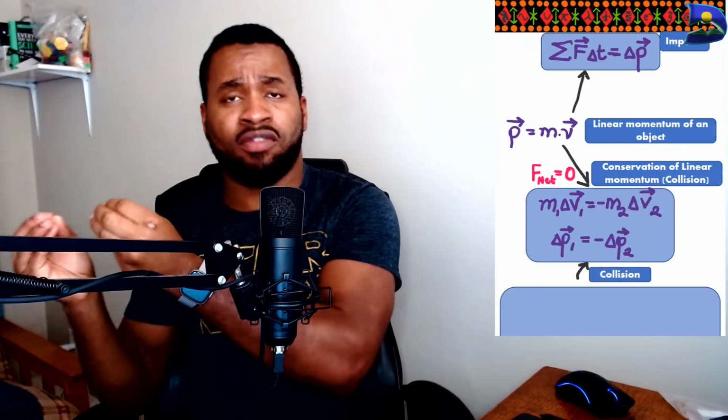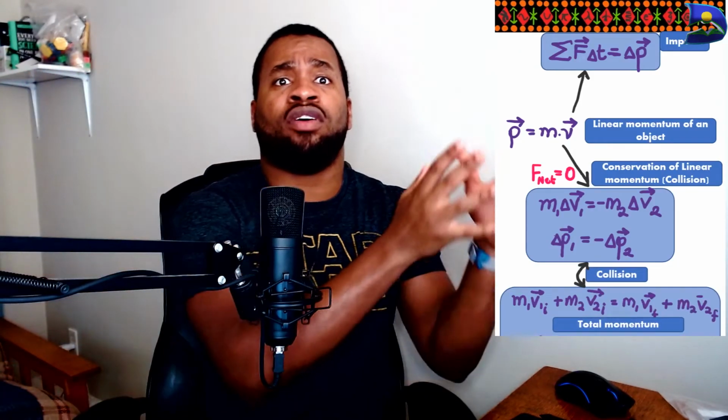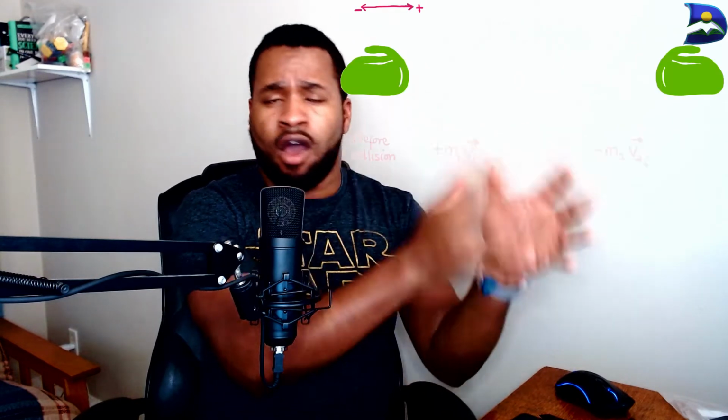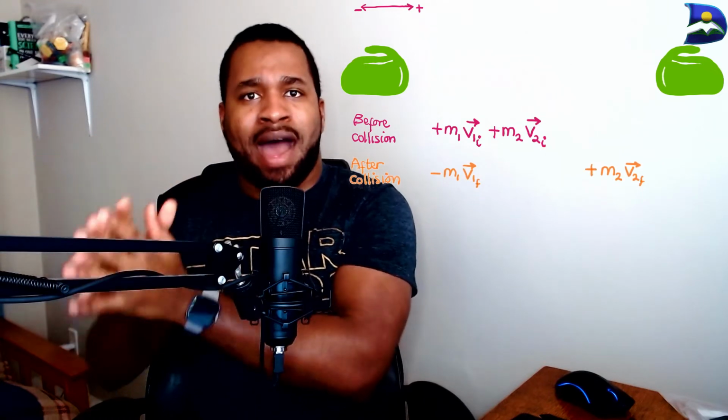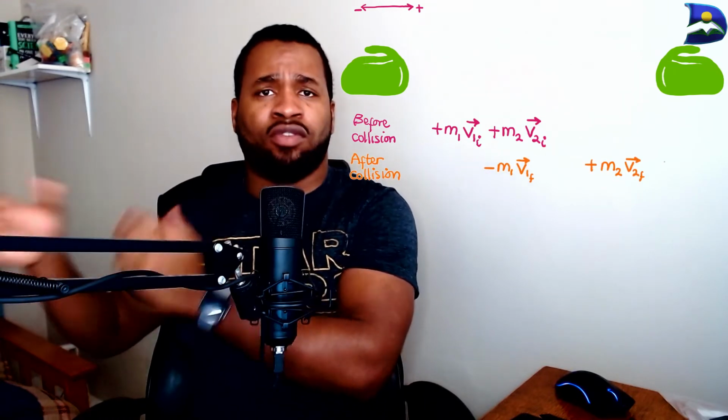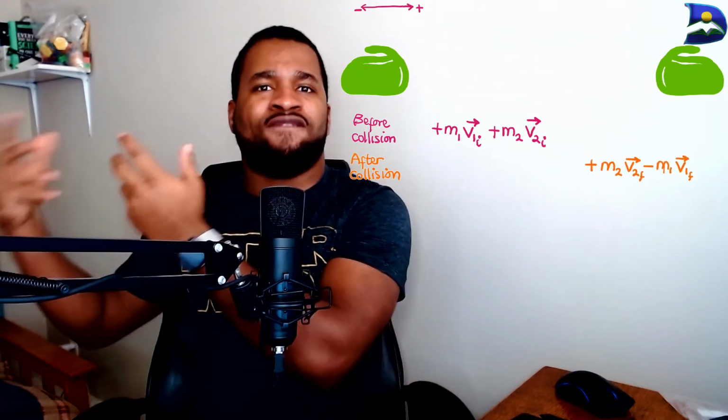And in this particular case here, you can actually rearrange the equations in such a way that you can move all the before collision velocities over to the left side, which means that you have object 1 and object 2 in terms of the mass and their velocities sum, and on the right side you have the mass of object 1 and object 2, but in this case you have final velocities of object 1 and object 2.